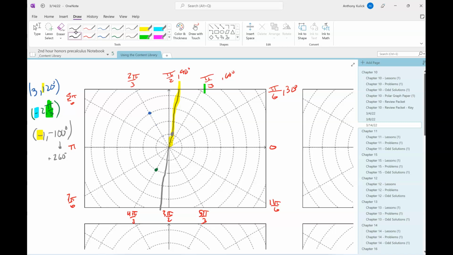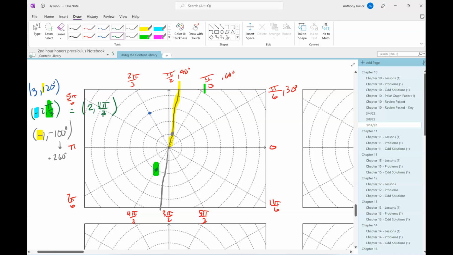Now I want to point out to you something here. If we're looking at that second example, negative 2 and pi over 3, can we observe that this is also the same thing as positive 2 and 4 pi over 3?